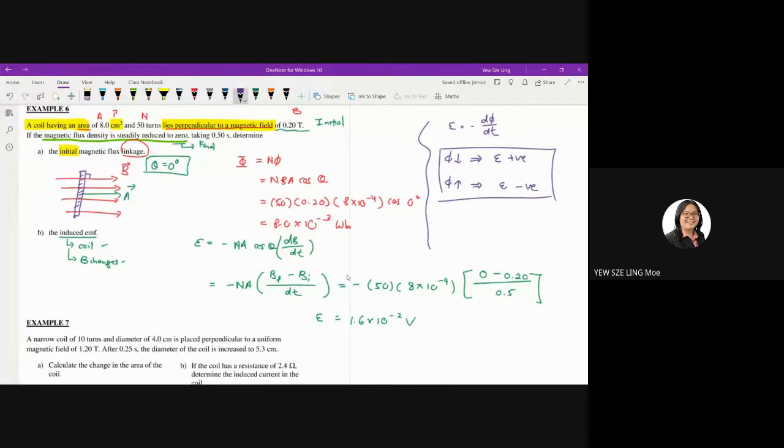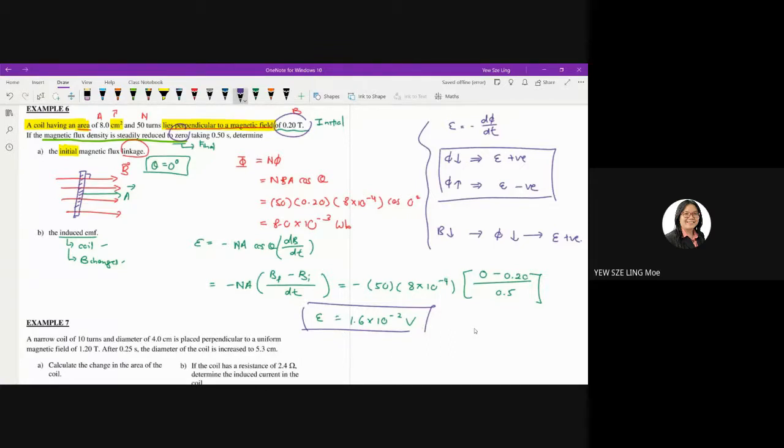So what happens right here? Now I have a B that is reduced. B initial is 0.2, B final is 0. So B decreases, which means that flux decreases. Flux decreasing means that EMF is positive. And yes, I have a positive final answer.